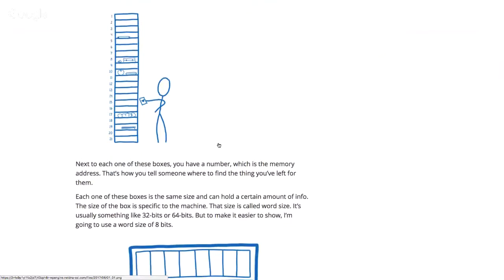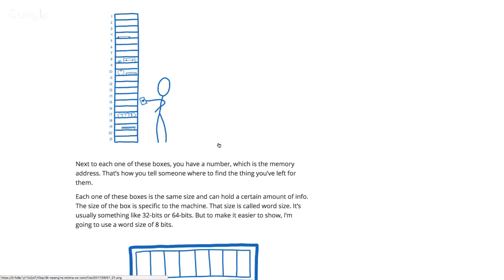Memory in any system is divided into slots of equal size. In a 32-bit system, each slot is of size 32 bits, which is also referred to as a word.